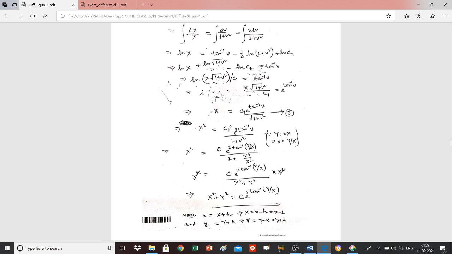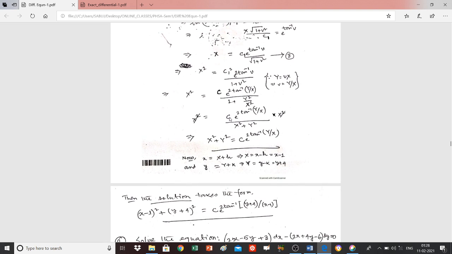Just substitute the value of v in the form of y and x. Obviously these are capital X and capital Y. So that will provide you x square times 1 plus y square by x square is equal to c e to the 2 tan inverse y by x, and this x square will cancel, so you can easily write that x square plus y square is equal to c e to the power 2 tan inverse y by x.